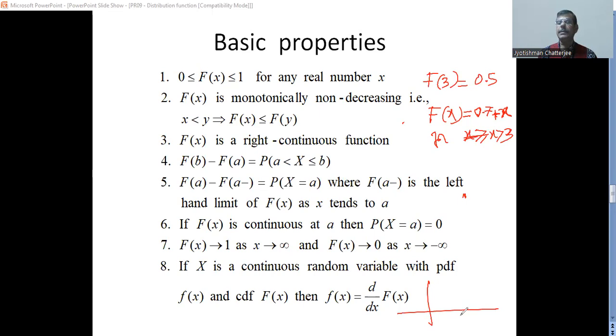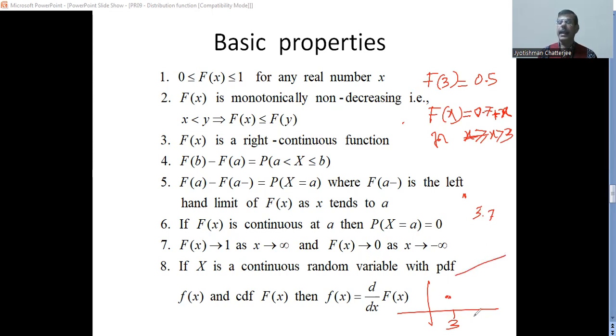Now, in that case, at the point 3, the function value is 0.5. For other values of x on the right hand side, as soon as you cross 3, it becomes 3.7 and more, right? So it goes like this.